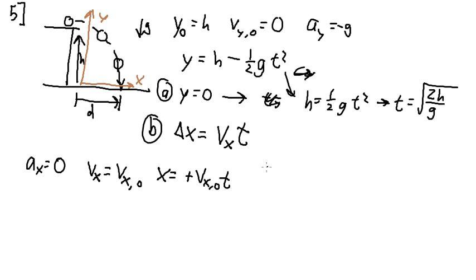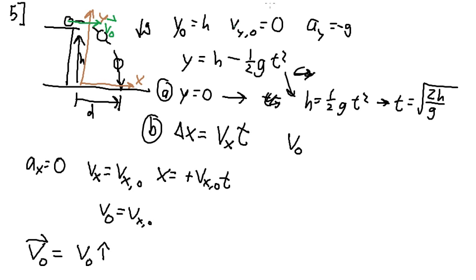We can just call vx naught v naught. So I'm going to find v naught, because when it leaves the table, its initial velocity vector is just that initial speed times i hat, because all it's doing is rolling to the right. It's just going straight that away.